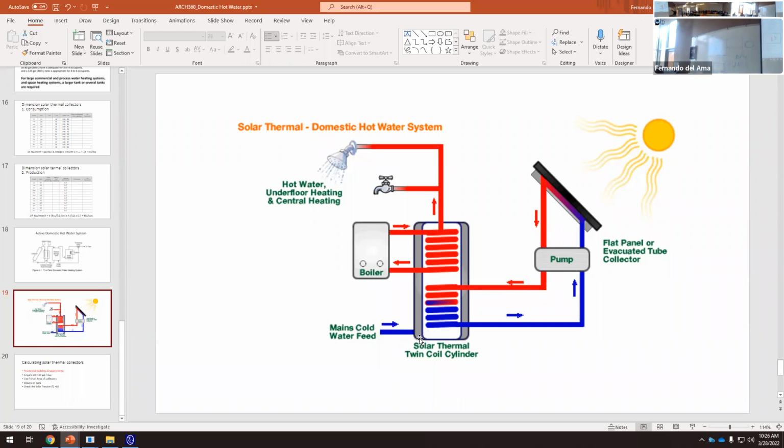So this is the tank, and the tank is full of water. And then there's a pipe here, and the water here is at 140 Fahrenheit. Imagine that we go through the tank this way.